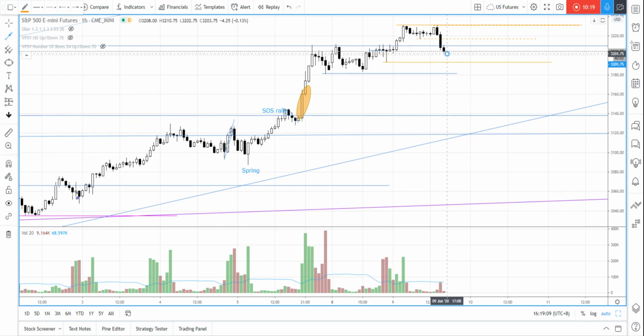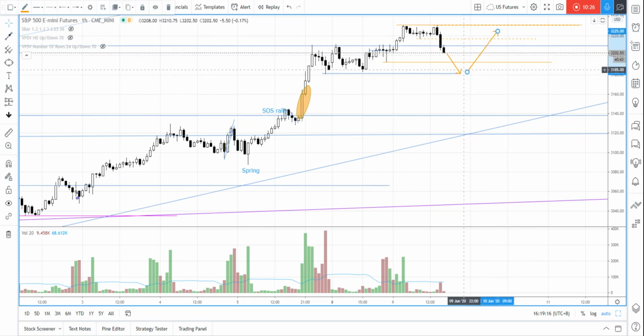Let me get the arrow out. Okay, so I think this is still considered very bullish if we can have a bounce up from here on. Of course, firstly, this is the first level at 3192. The second level is somewhere around 3180.